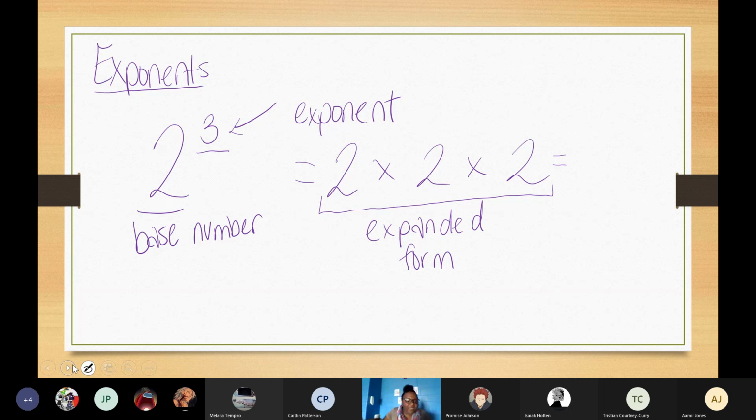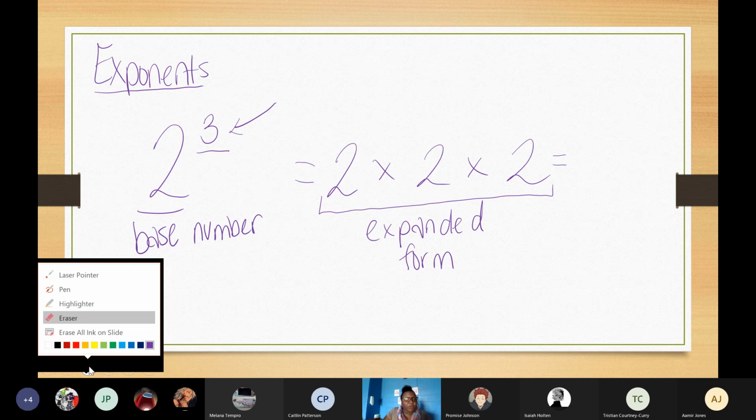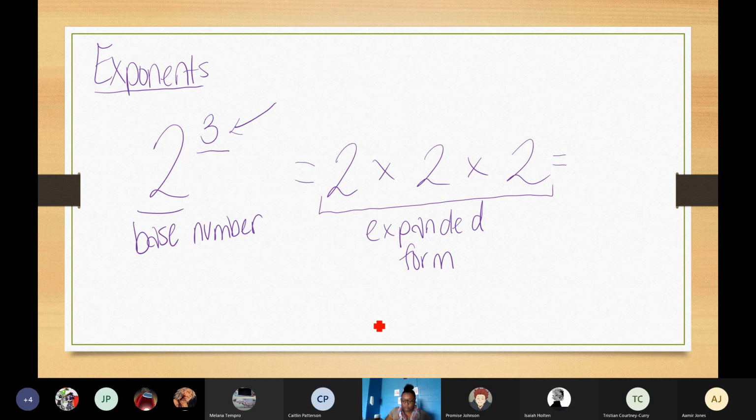So let's look at it this way. Whatever you see here, you'll need to write down if you don't have it. Two times 2 is 4, and then 4 times 2 is 8. So the answer here, 2 times 2 times 2 is 8.